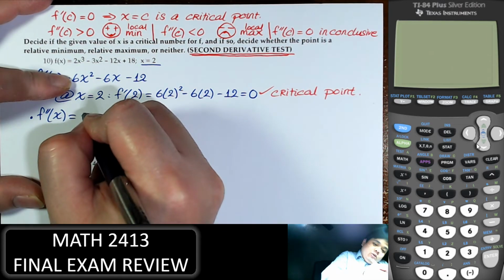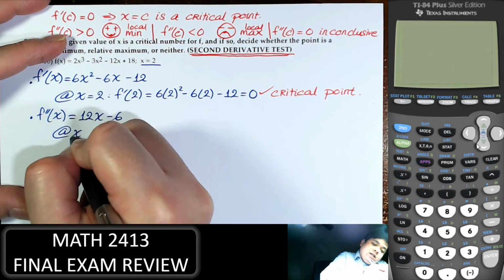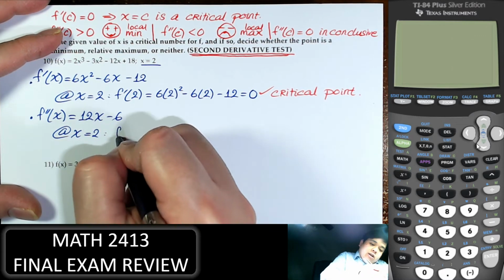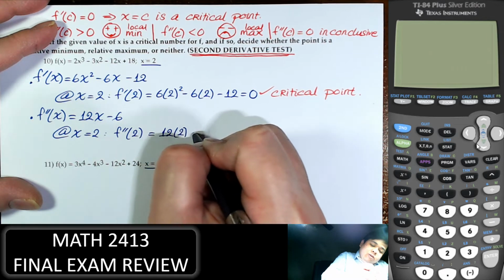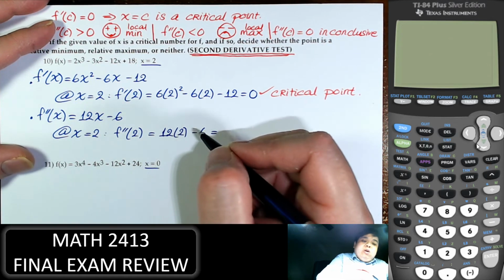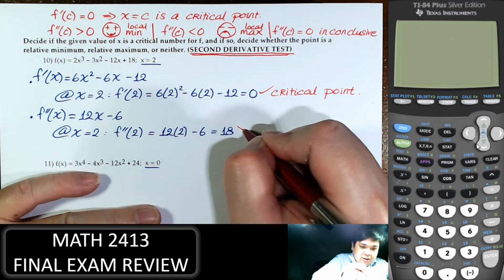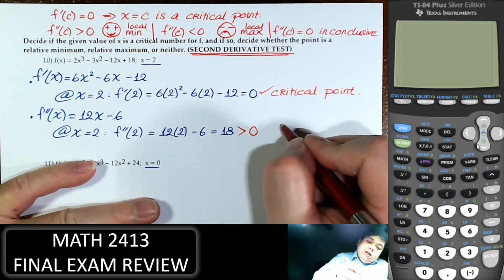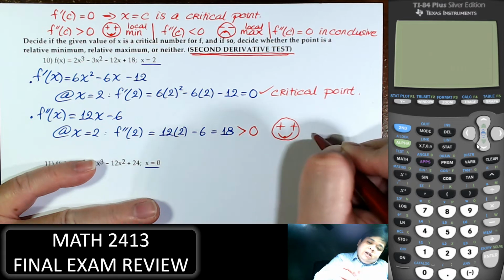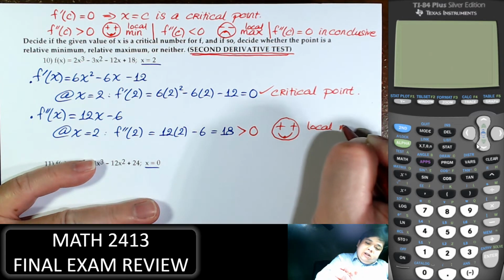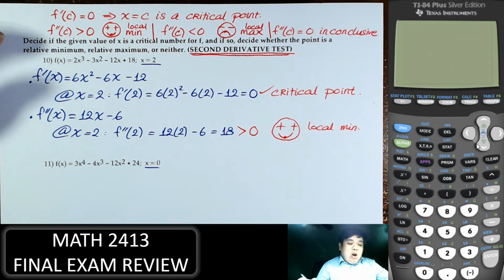Of course, that gives us 12x minus 6. And now we test at x equal to 2. The second derivative, 12 times 2 minus 6. 24 minus 6 is 18. It's positive. So the smiley face, concave up, local min. So we say local min at x equal to 2.